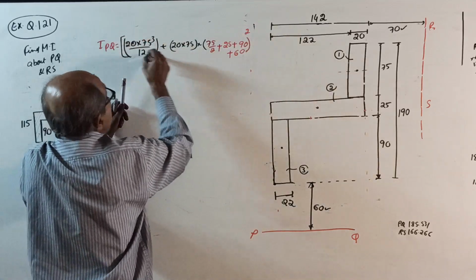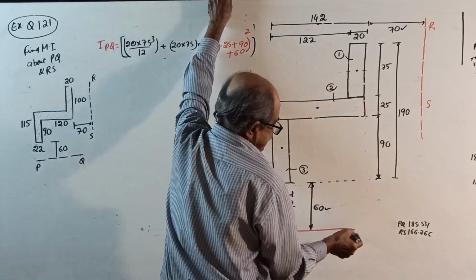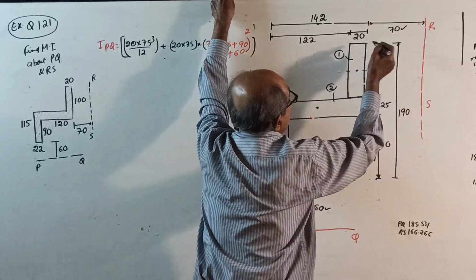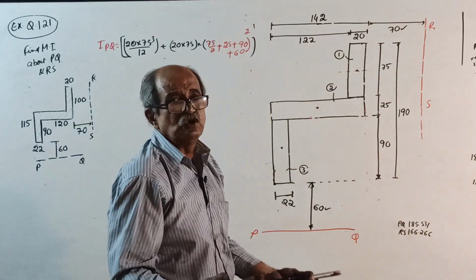Or you can do one thing: this distance square is 60 plus 190 minus 75 by 2. That also we will do.